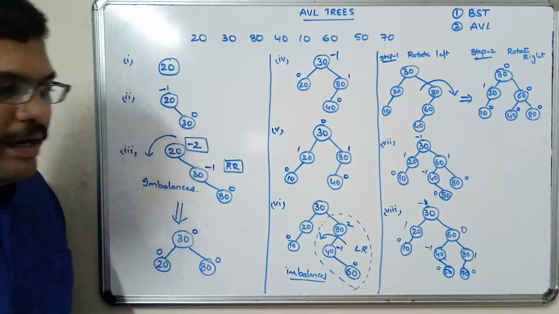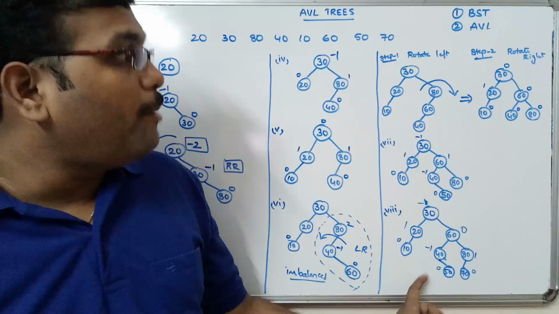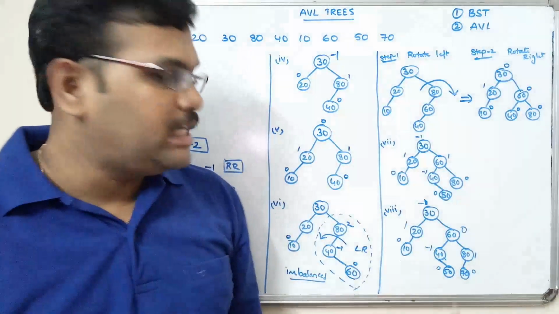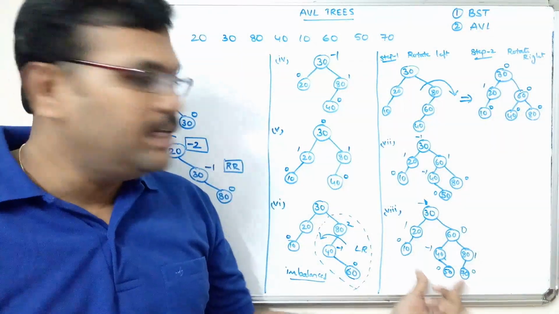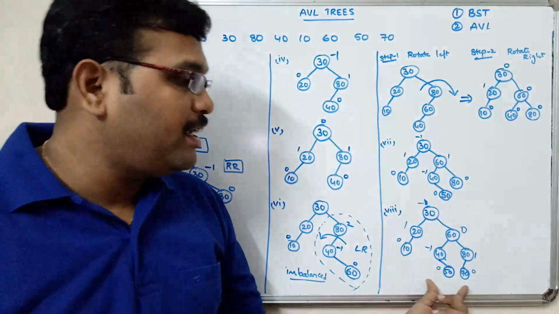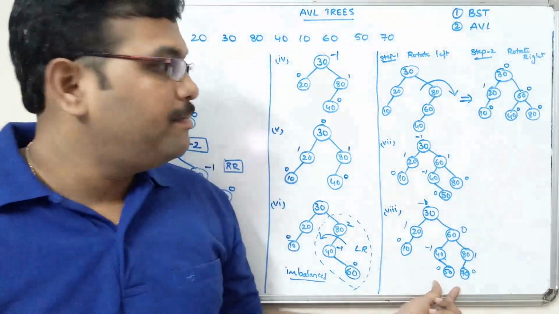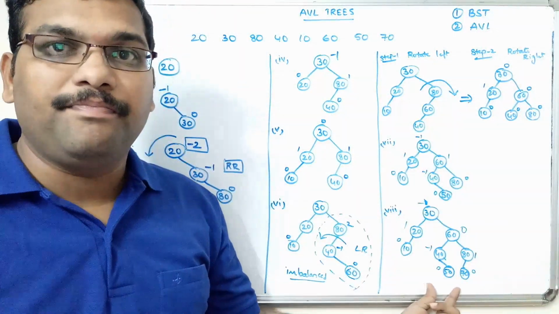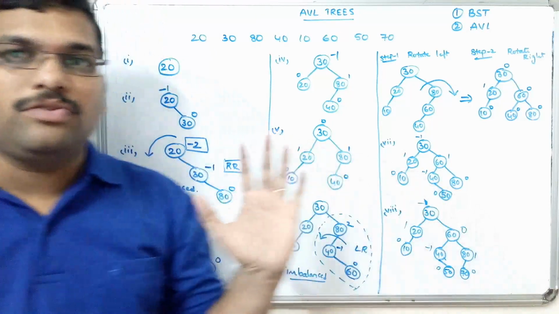So here it obeys the property of AVL tree. So that's why it is balanced. So it obeys the BST property and it also obeys the AVL tree property. Right? So hope you understood this example.